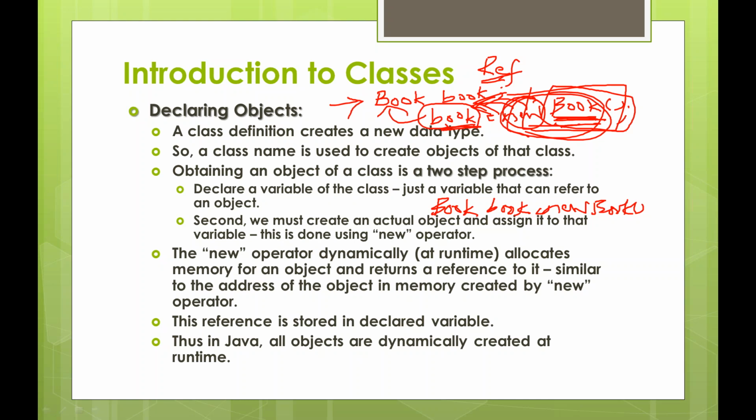This particular part is very important. This is called the constructor. Say, for example, we have Book, and to this Book we create a new object.